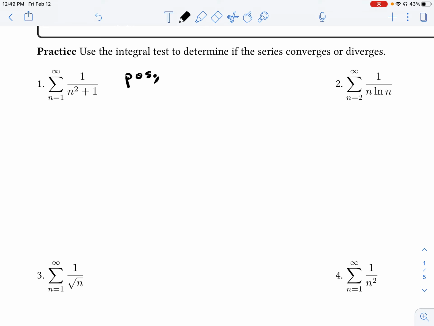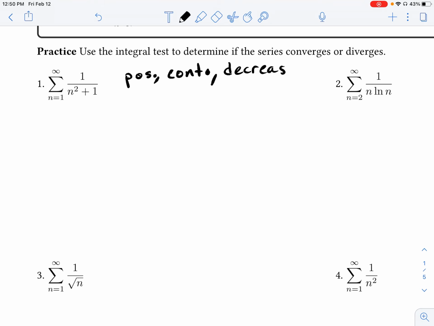Well, yes, the domain for that function would be all real numbers, so there aren't going to be any discontinuities. We know it is a continuous function. And finally, is this function here going to be decreasing? Well, yes, as our denominator gets larger and larger, the overall ratio of the terms is going to get smaller and smaller. So it is indeed decreasing.